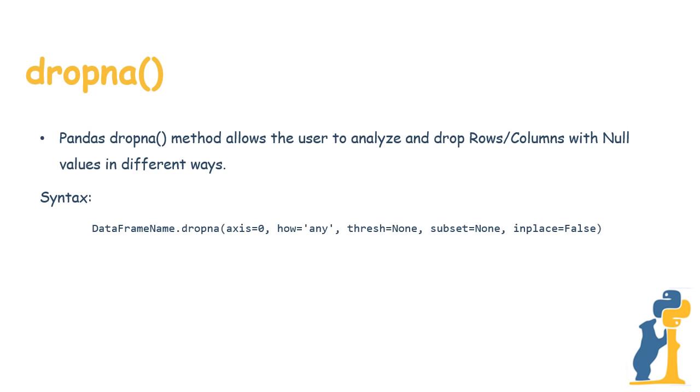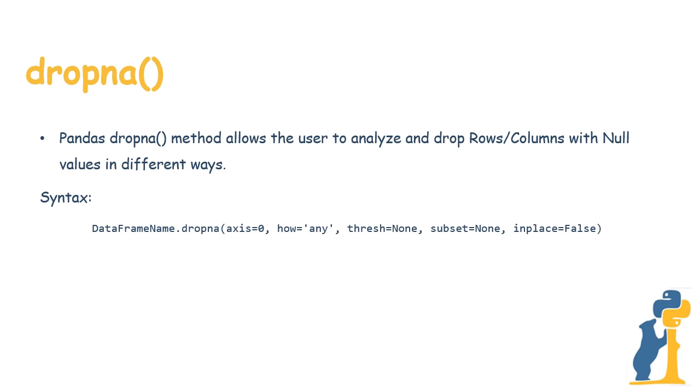In this method we can pass axis, how, thresh, subset and inplace. Inplace is used to modify the existing structure of the data frame, and how is used to decide either row wise or column wise and so on. Thresh is used to specify the number of records we can get after dropping.